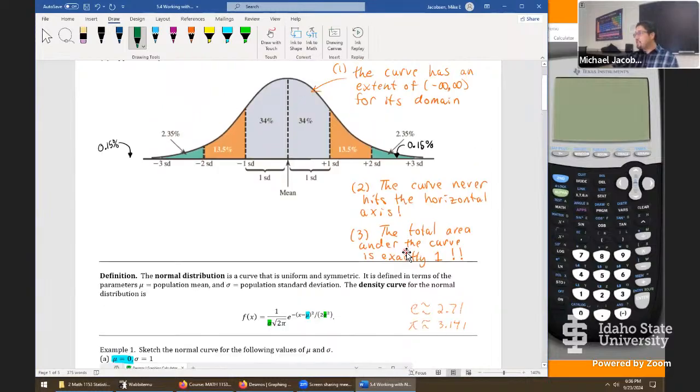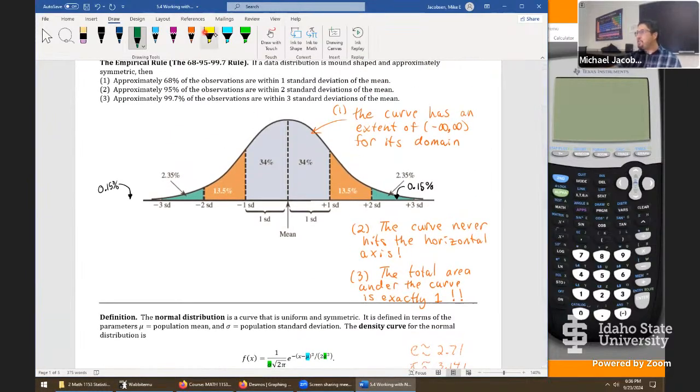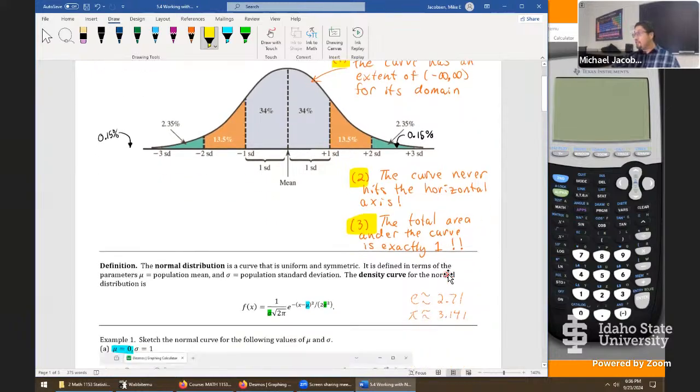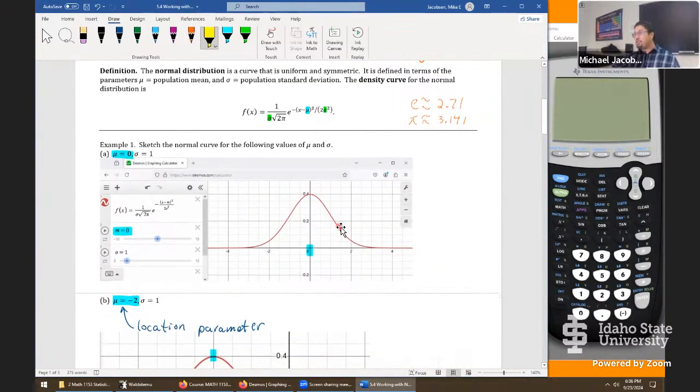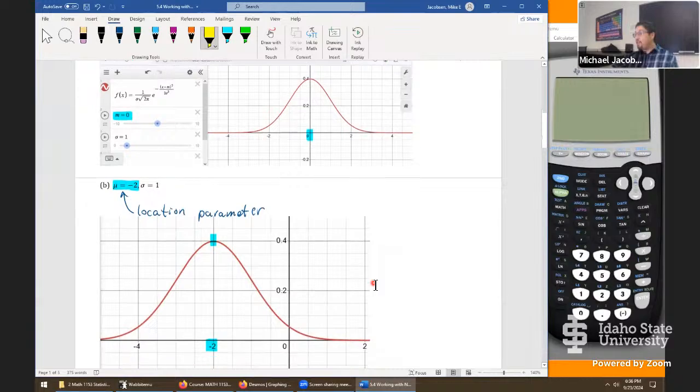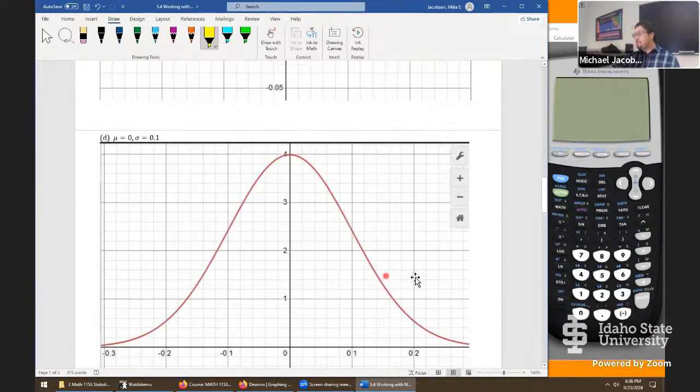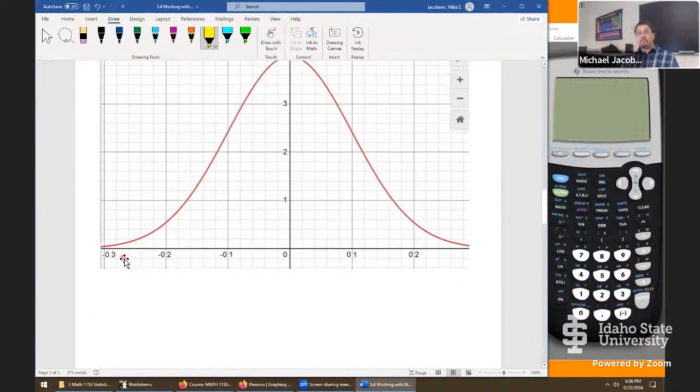But the larger takeaway is we're trying to get a better understanding of what the normal model is. So 1, 2, and 3 are kind of the bigger things about all of this. The fact that the total area is exactly 1, and doesn't matter how the shape looks, it's always a fact for every one of these displays. Total area of exactly 1, it'll never hit the x-axis.